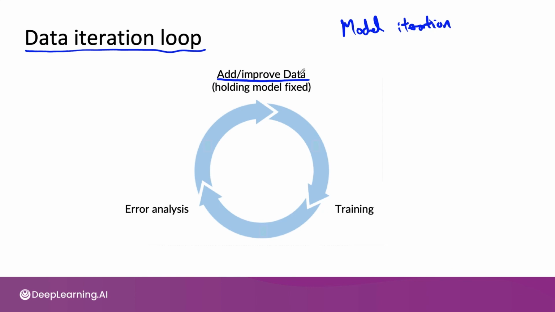And for many practical applications, taking this data iteration loop approach with a robust hyperparameter search, that's important too. But taking a data iteration loop approach results in faster improvement to your learning algorithm's performance, depending on your problem.